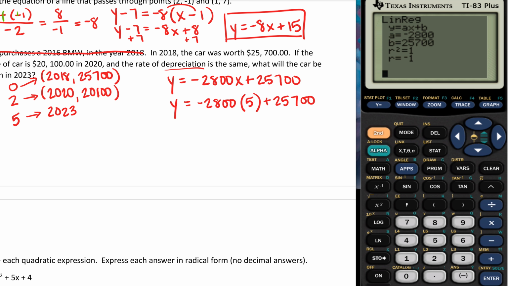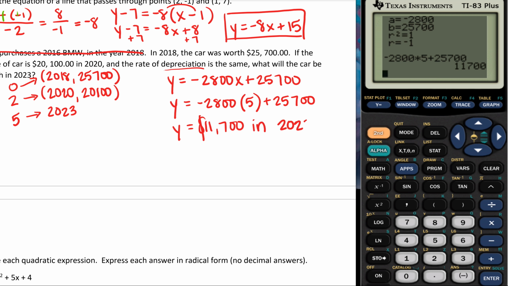So I'm going to plug it into my calculator. Times 5 plus 25,700. We have a value of $11,700 in the year 2023.